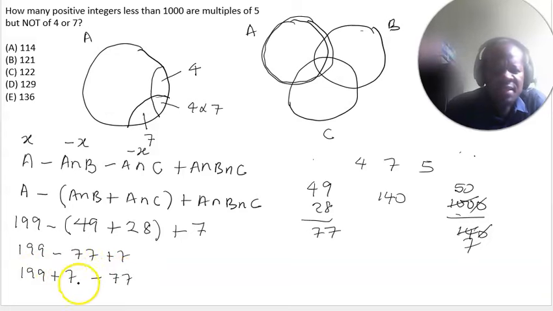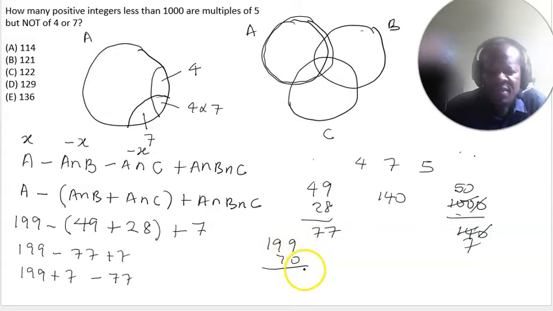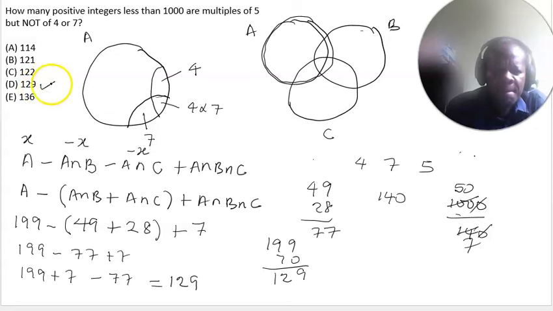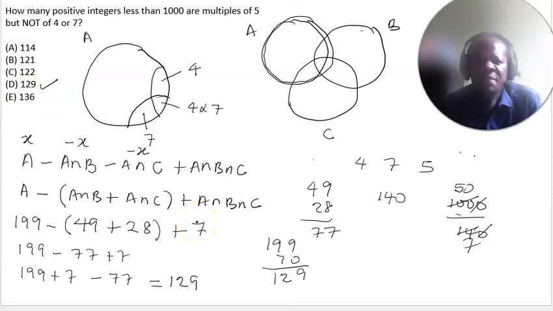So we can just say 7 minus 77, that is minus 70. So 199 minus 70, that is 129. So our answer is 129. So that makes the whole thing a lot easier.